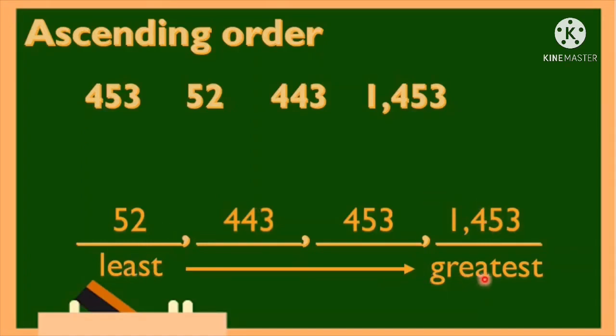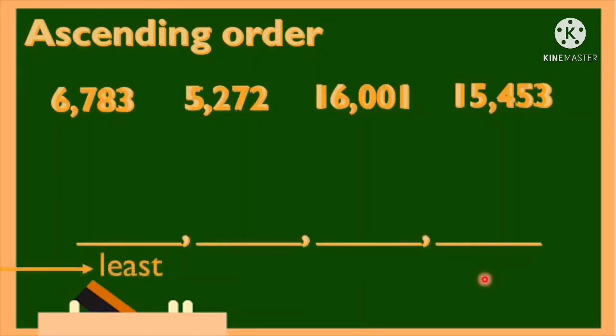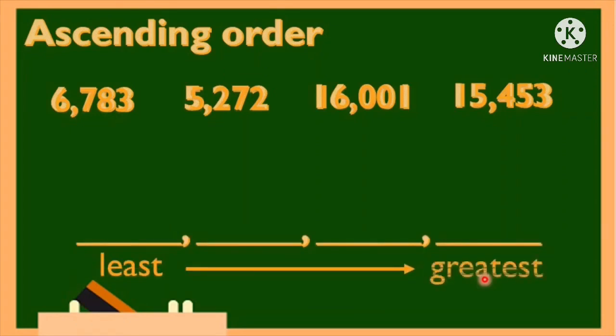greatest. How about this one? I will give you time to find the ascending order of these 4 numbers. Okay, I think 20 seconds is enough. All right, your time starts now.